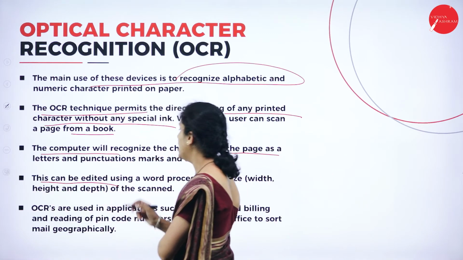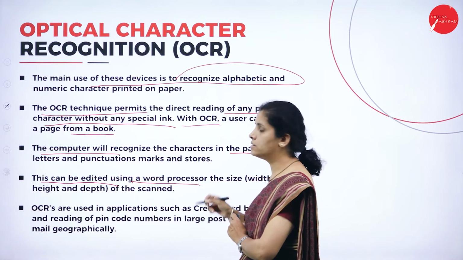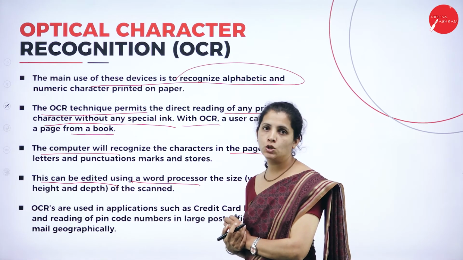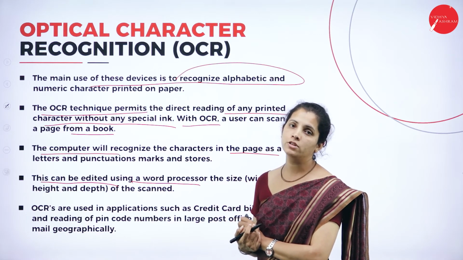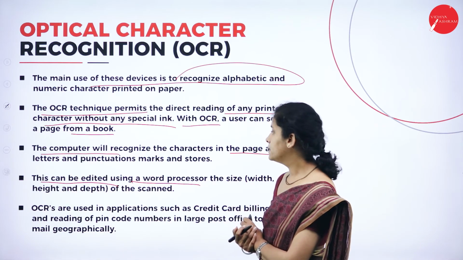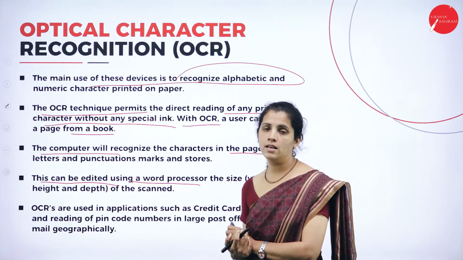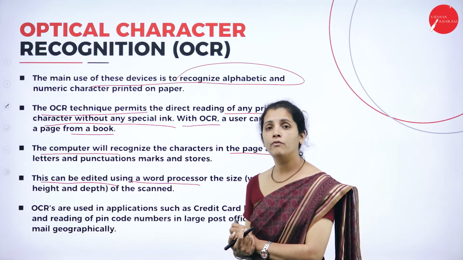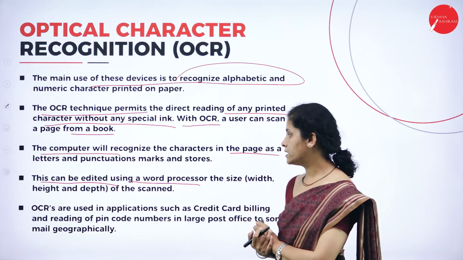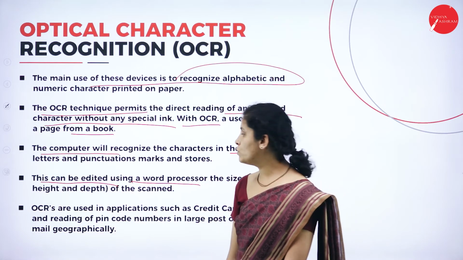This can be edited by using a word processor. Once the data is stored, by using a word processor I can edit the data. That means I can set the font style, font size, font color, etc. So, dear student, let's see the applications of OCR.